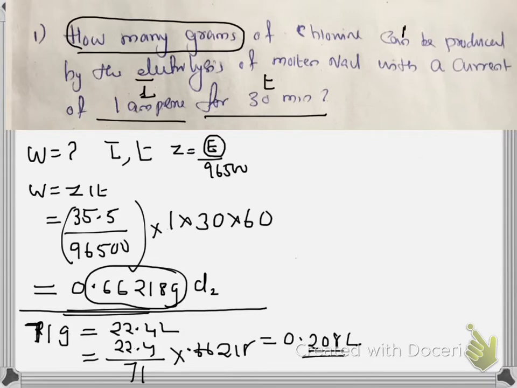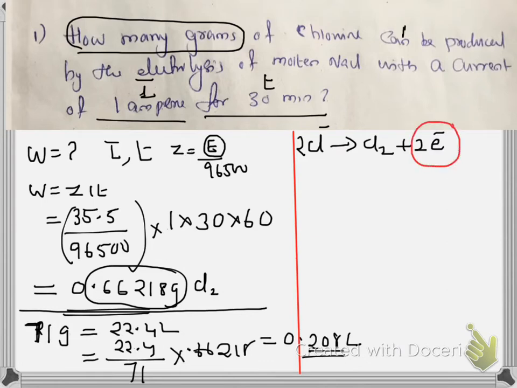The same problem you can do in another way. Here the question is about chlorine. So the equation for chlorine is 2Cl minus gives Cl2 plus 2 electron. From this 2 electron we have the answer.